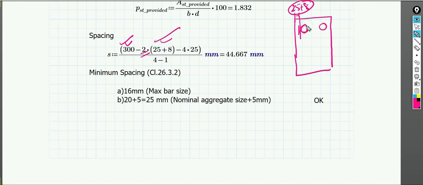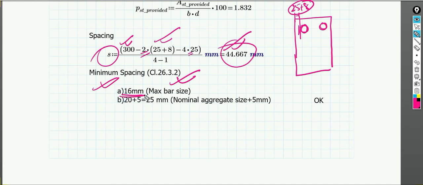Then we have the diameters of the bars, which is 4 bars of 25 mm, so 4 into 25 mm is subtracted. The spacing should be 4 minus 1, as there are 4 bars, the number of spaces available between 4 bars is 3, right? So the spacing becomes 44.667 mm, right?